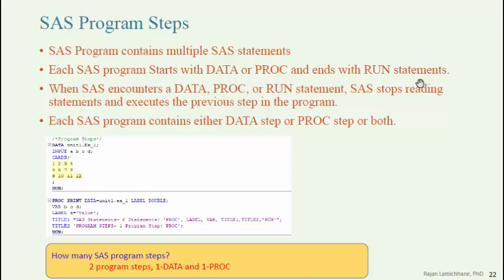When SAS encounters the run statement, it stops there and executes all previously submitted statements. So there are two kinds of program steps, data and proc. Each SAS program contains either a data step or a proc step or both.